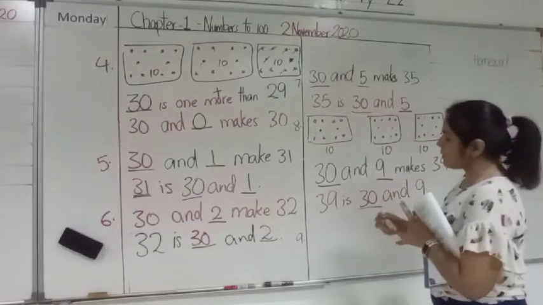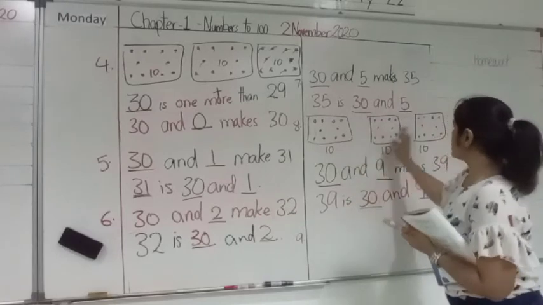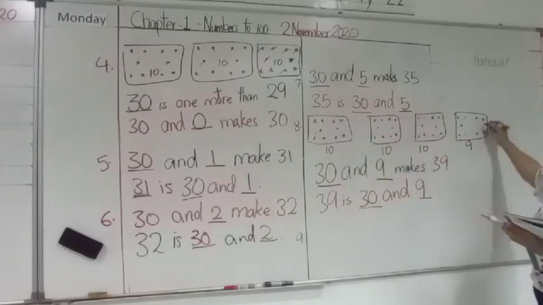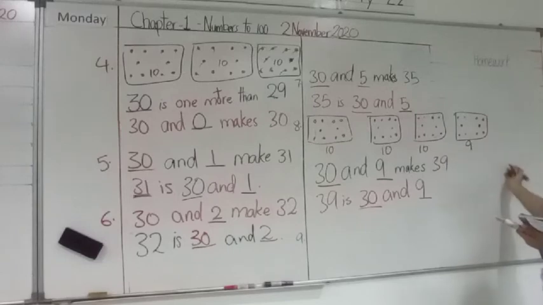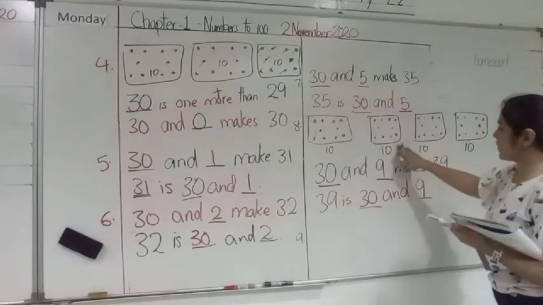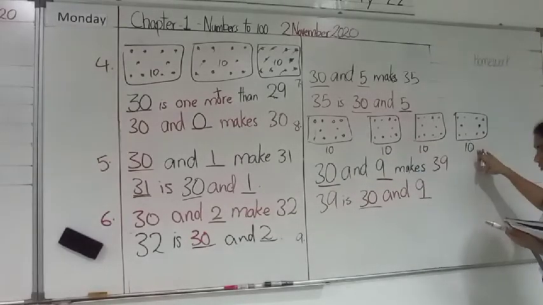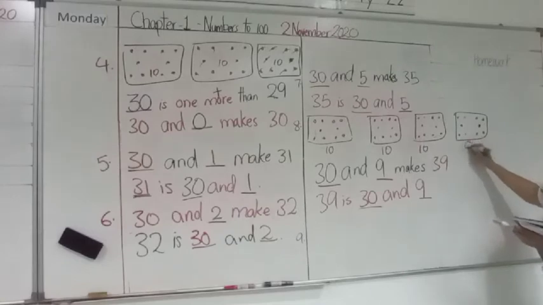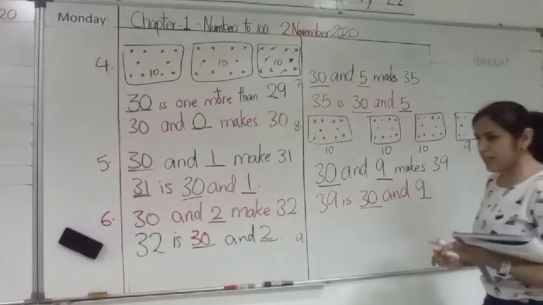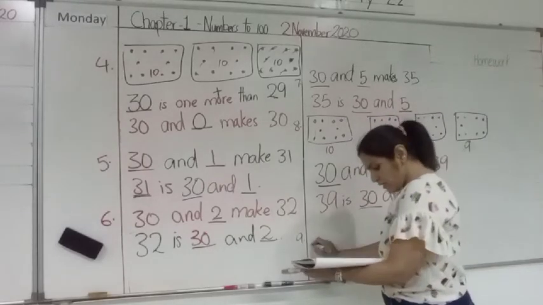Let us look at number 8. This is 39. If I put 1 more here, then it will become 10 here. Am I correct? Then it will be 10, 20, 30, 40. Correct. So 1 more than 39 would be 40.